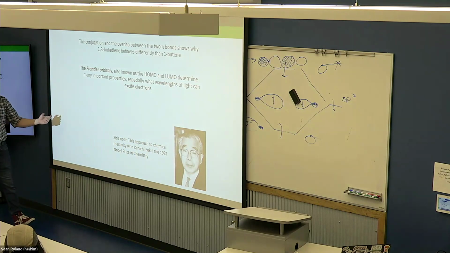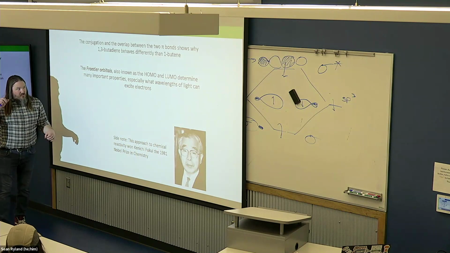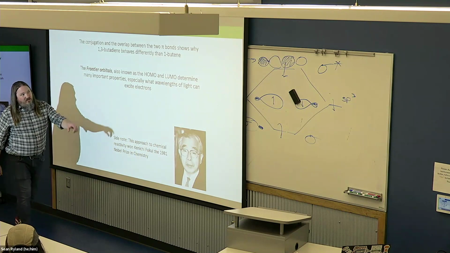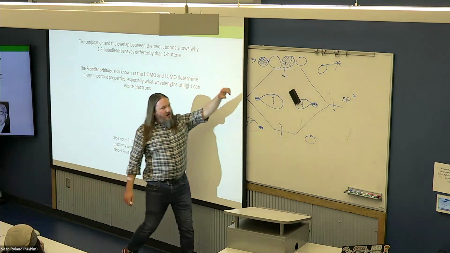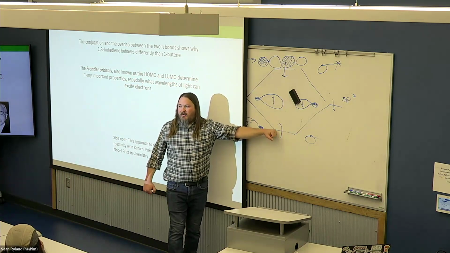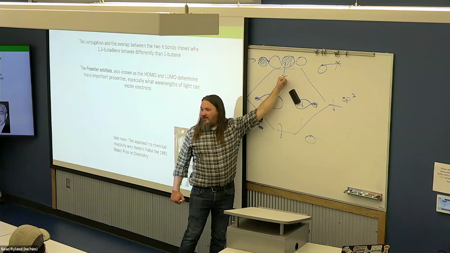By moving electrons around between the highest occupied molecular orbital and the lowest unoccupied molecular orbital, that's going to be able to explain a lot of your reactions, just like we did over here. Our highest occupied molecular orbital was a sigma bond. By moving electron density into the lowest unoccupied molecular orbital, we can get that bond to break.